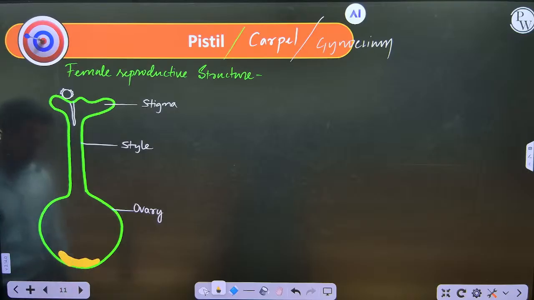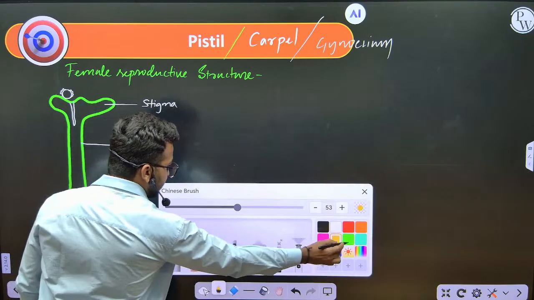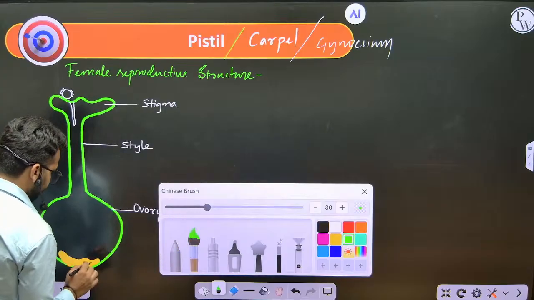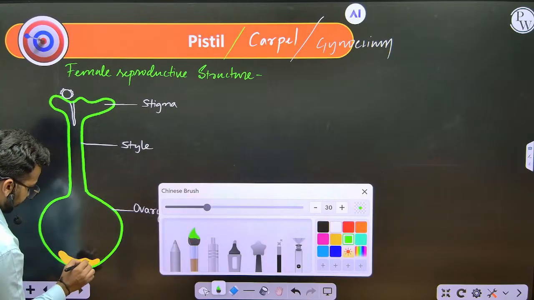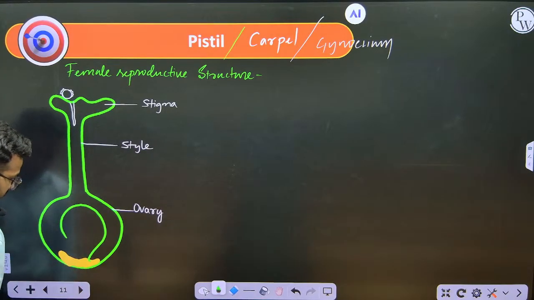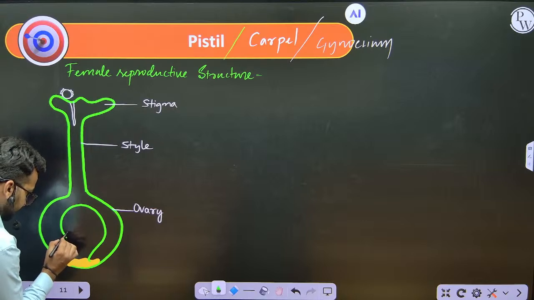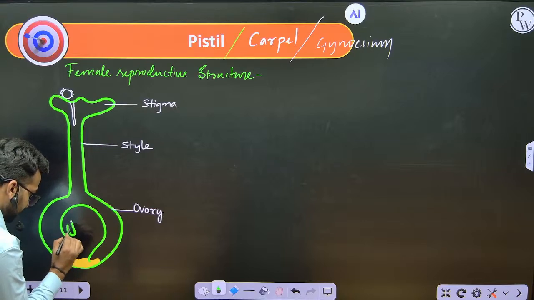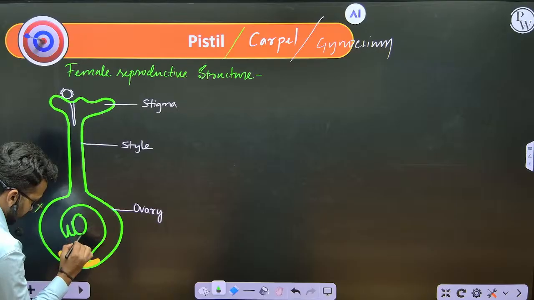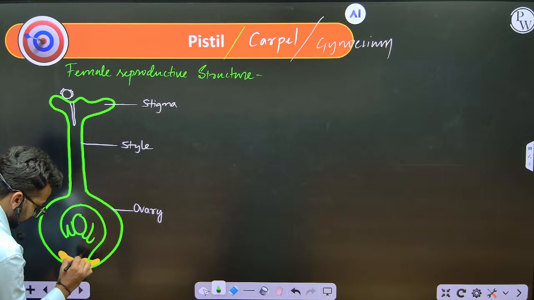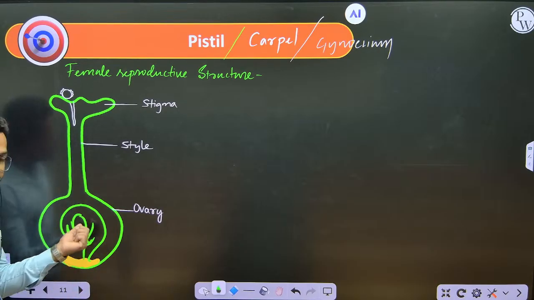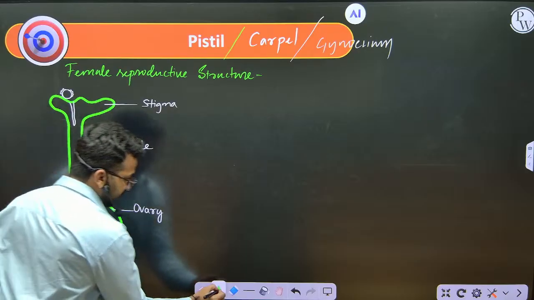And to that you will see the ovule is connected.